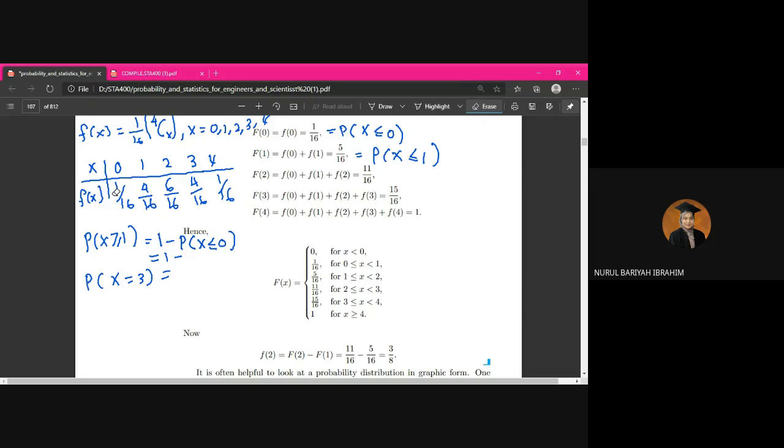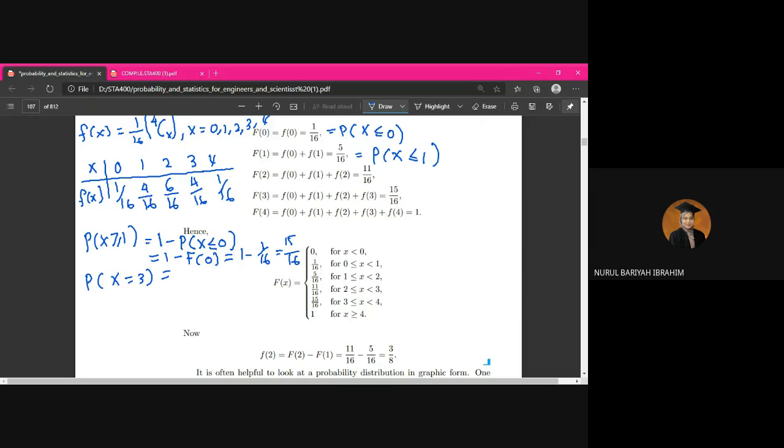Kita kena jadikan less than or equal to sebab kita ada value cumulative. So di sini ini adalah F(0), which is 1/16. So 1 minus 1/16, jawapannya 15/16.